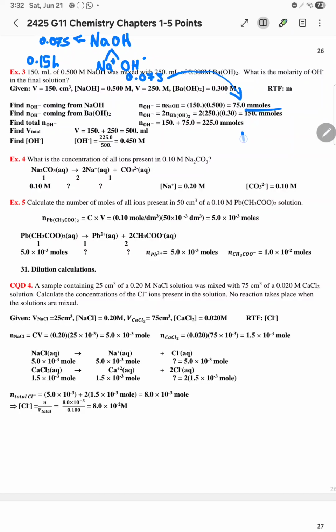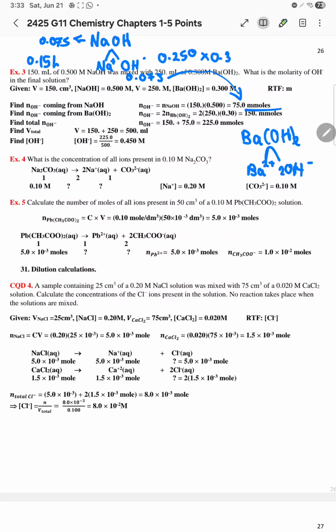Now you do the same for Ba(OH)2. The only problem here is that this dissociates into Ba2 plus and 2 OH minus. So you need to find 0.250 times 0.3, which is gonna be 0.150 or 0.15.